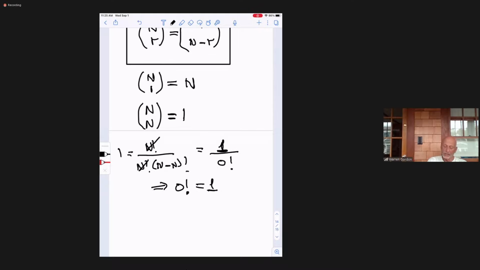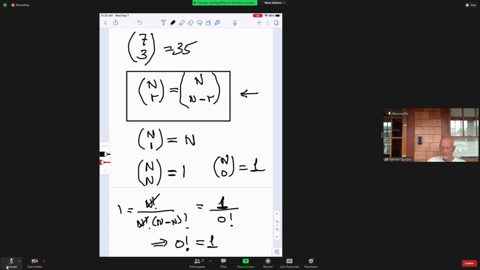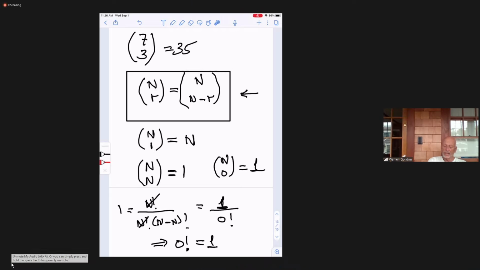By the way, notice if I use this identity, this must also be 1. If r is n, n choose n is 1. n minus n is 0, so n choose 0 is also 1.